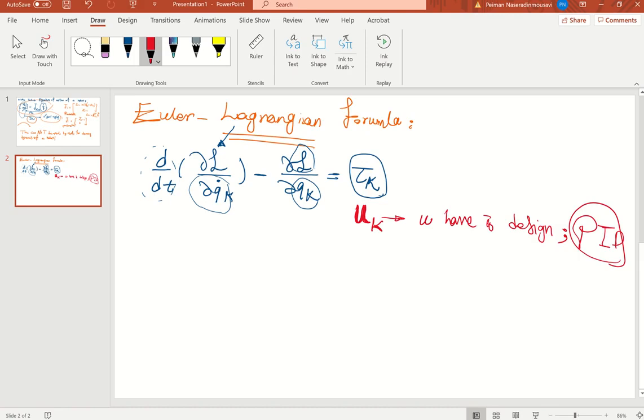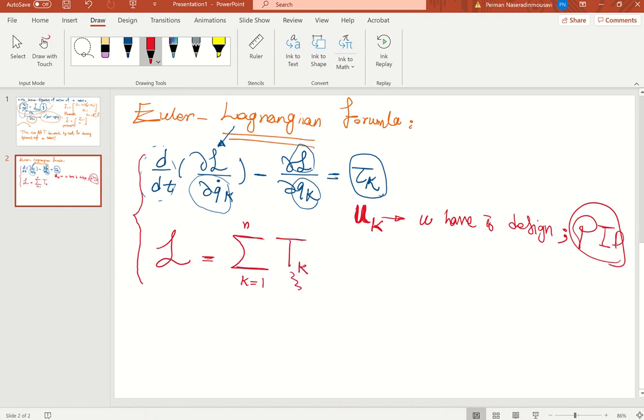To drive your robot. But first, before that, you have to derive the dynamics of the robot that you are working on. So this is the Lagrangian formulation. The Lagrangian function is the sum of k from 1 to n, the number of joints, of Tk.